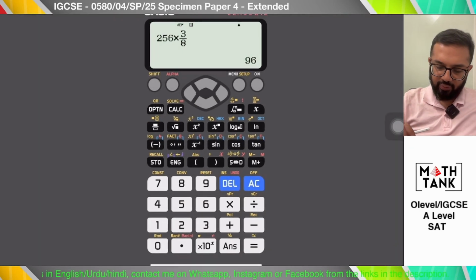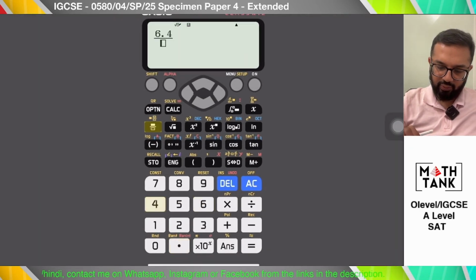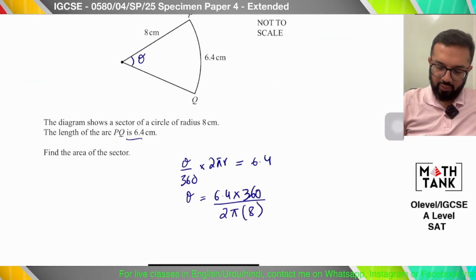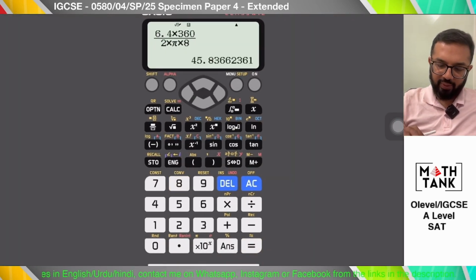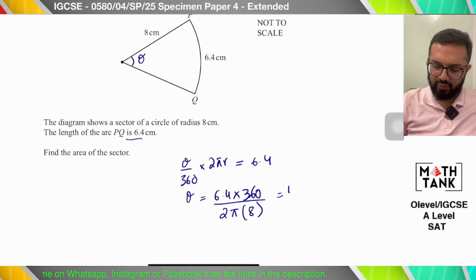So 6.4 into 360 to pi, r is 8. So my angle comes out to be 45.84 degrees.